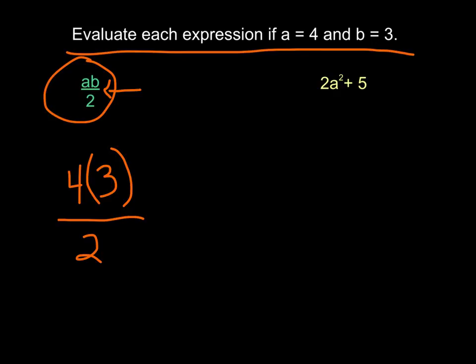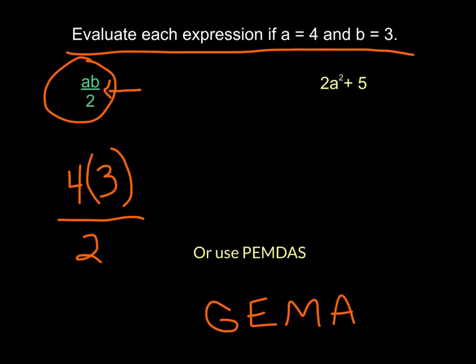So now I know, remember my order of operations, goats eat mushy apples. I'm going to do my grouping signs first. In this case there is a grouping sign, but it's not a problem there. I just did that to show that it's multiplying. There's no exponents, so I'm not going to do that. So now I go to my multiplying and division, and I go left to right here.